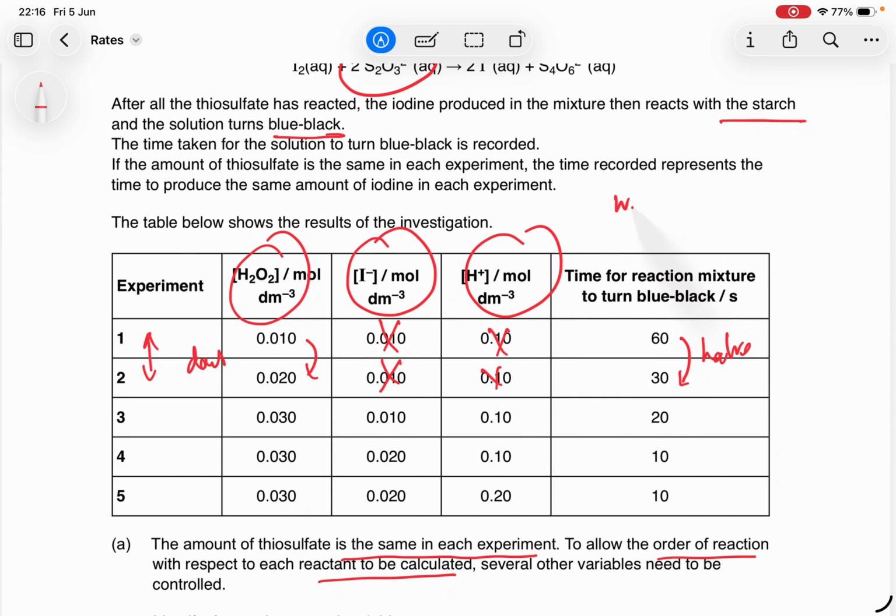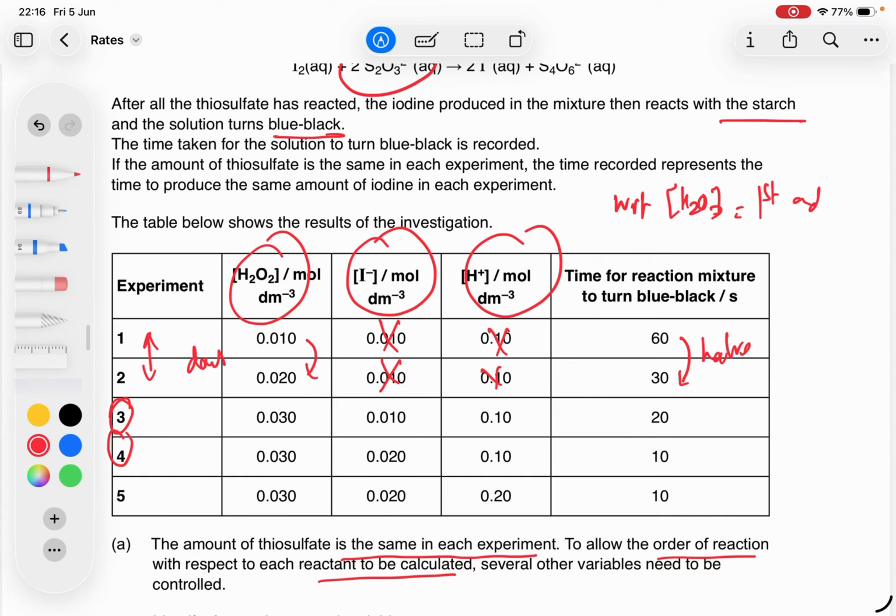So with respect to hydrogen peroxide, it's first order. If we look at experiments 3 and 4, let me change the color here to blue. H2O2 is constant, H plus is constant, I minus doubles, that halves, so it's first order with respect to I minus as well, because the rate doubles also.